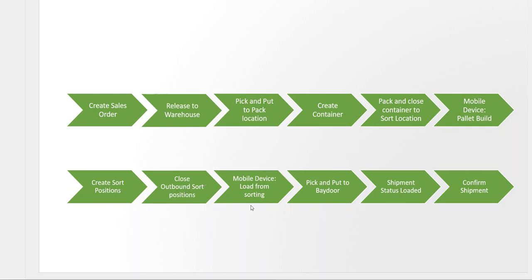Then we can use the second step in the mobile device screen, which is load from sorting. From there we can pick and put to the dock. And from there it's just standard warehouse management steps, where the shipment status is loaded, and then you can go ahead and confirm the shipment.